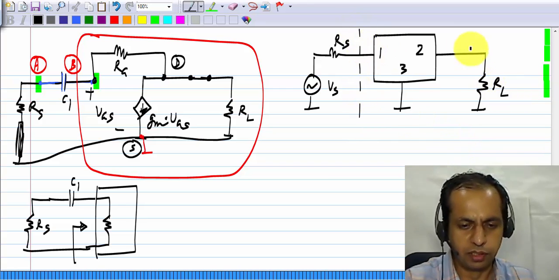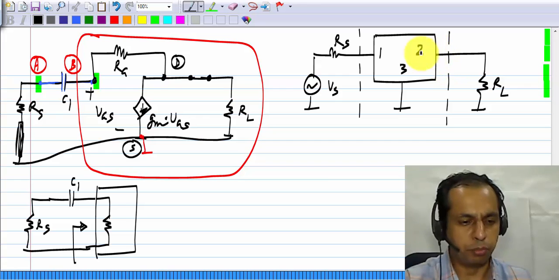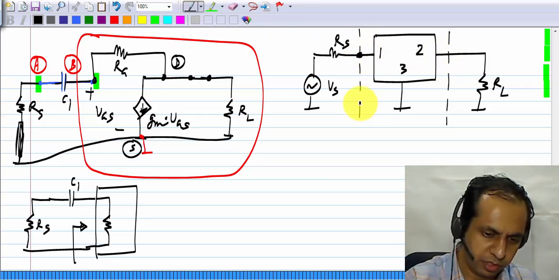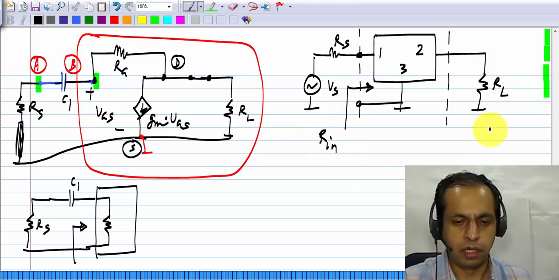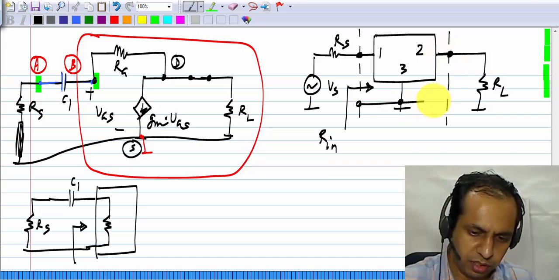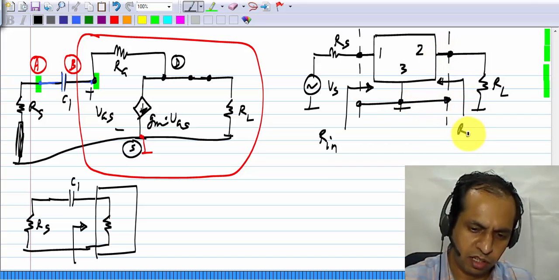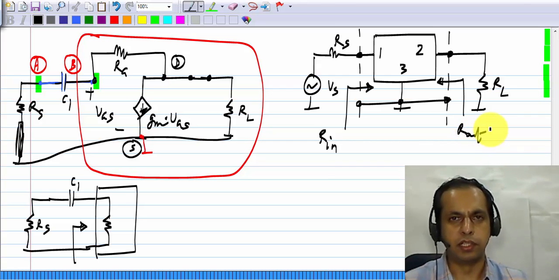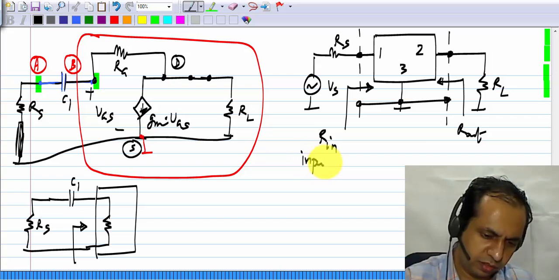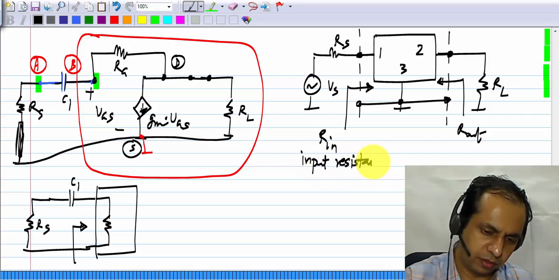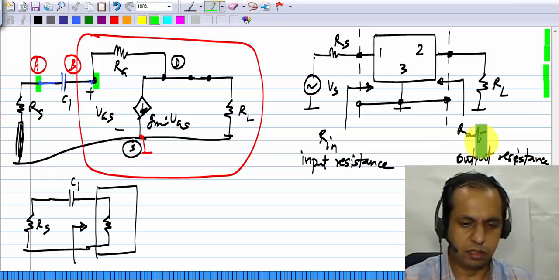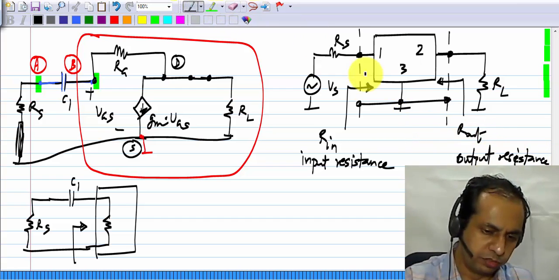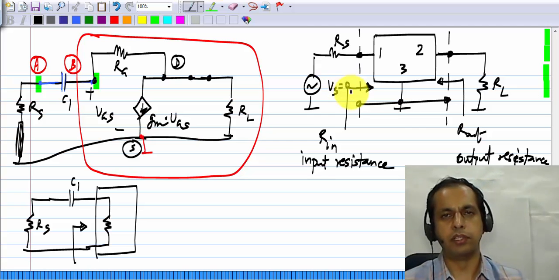In such a situation, the resistance that you see into the input port, between this terminal and this terminal, is known as Rin, and between this terminal and this terminal, this is Rout, the output resistance. And the output resistance is computed with Vs being set to 0. So this is the definition.